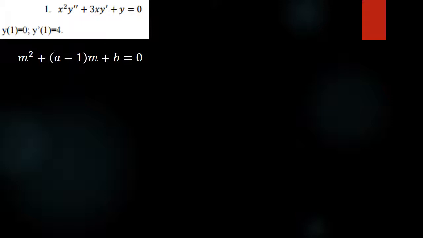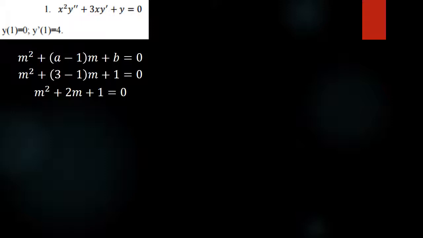Then we substitute the values of a and b, and we have m squared plus (3 minus 1) multiplied by m plus 1 equal to 0. Then we reduce the middle term, and our equation is m squared plus 2m plus 1 equal to 0.